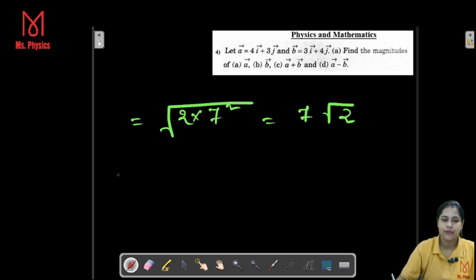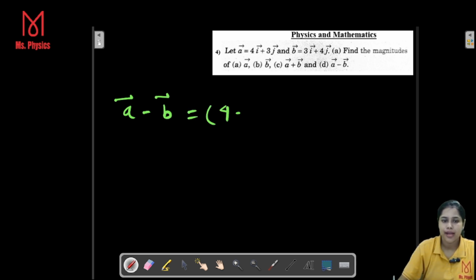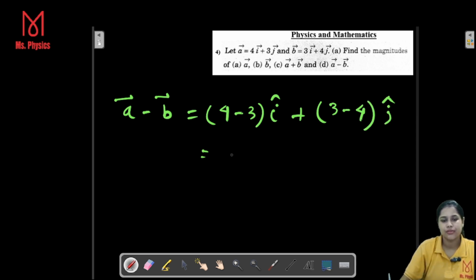And the last one, you have to calculate the mod of A minus B. So students, first you subtract: A minus B is equal to 4 minus 3 i cap plus 3 minus 4 j cap, which is equal to i cap minus j cap.